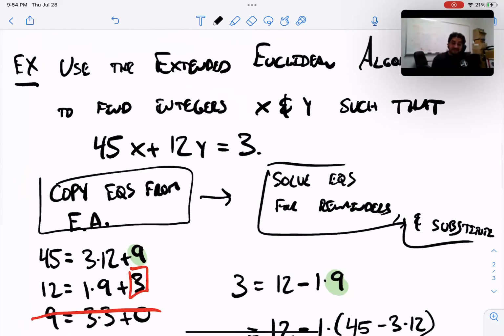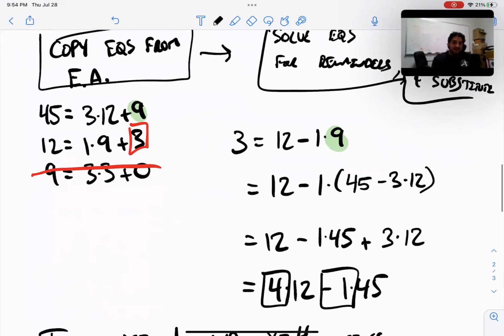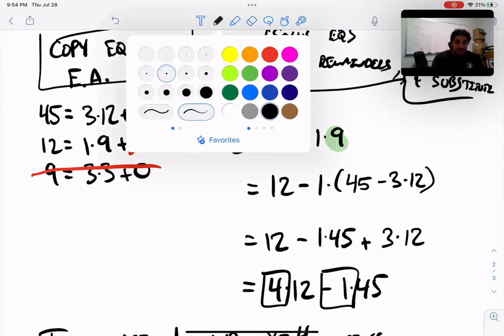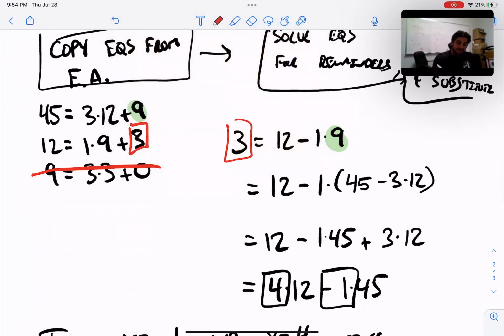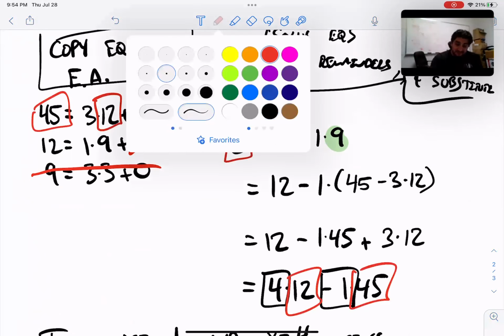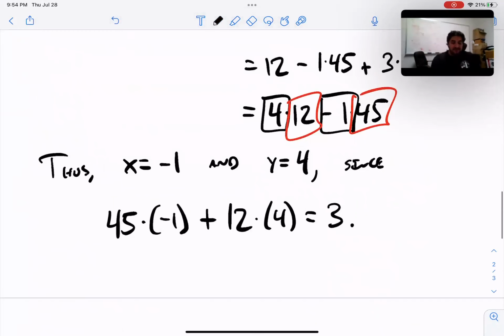The extended Euclidean algorithm takes those equations that you got from the Euclidean algorithm and solves them for the remainders, and then uses substitution to express the greatest common divisor, which was that last remainder, in terms of the original two numbers by back substituting through the equations that you got. So that's it. That is the extended Euclidean algorithm, right? So that's how you can find those numbers such that ax plus by equals their greatest common divisor.